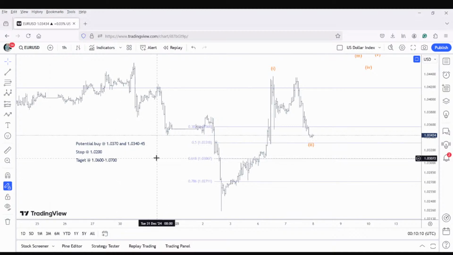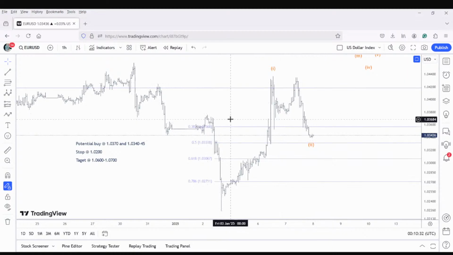All right. So if we talk about the risk reward ratio on the shorter term, it's like 150 average risk against 250, 350 potential reward. All right. So that's the trade setup in euro.